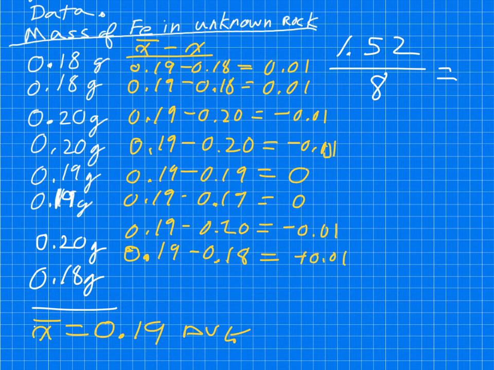All right, let me see. Do I have 1, 2, 3, 4, 5, 6, 7, 8? I've not skipped any data points, have I? Let's see. That matches to that, that matches to that, that to that, that to that, that to that. Okay, I subtracted all my points from the average. So I now have my differences.